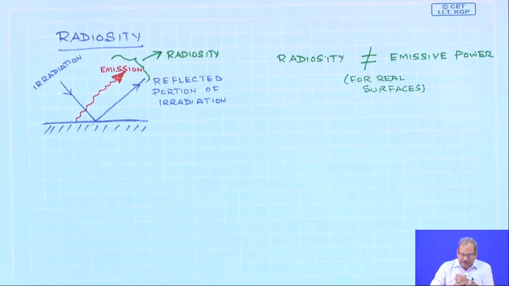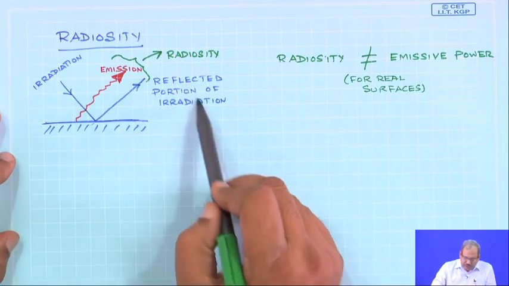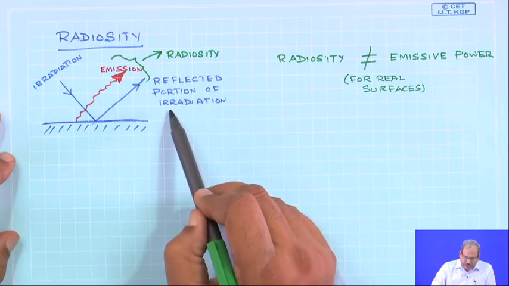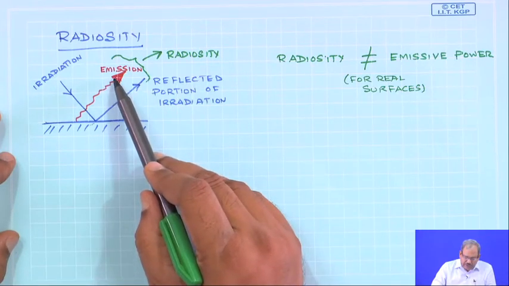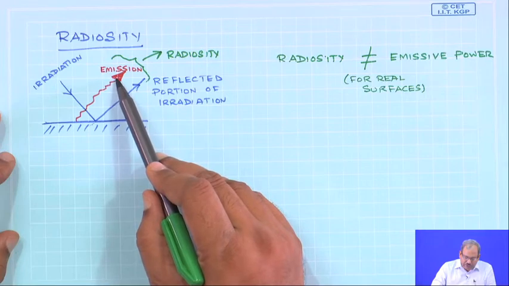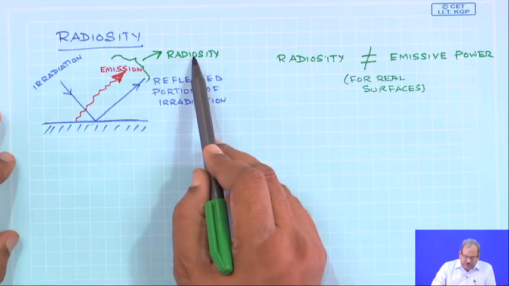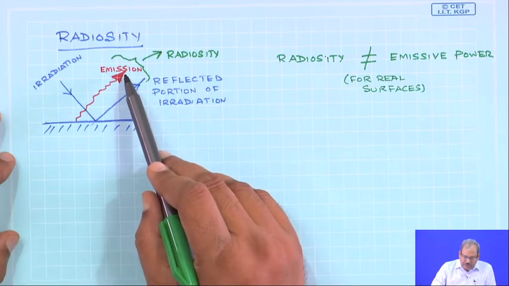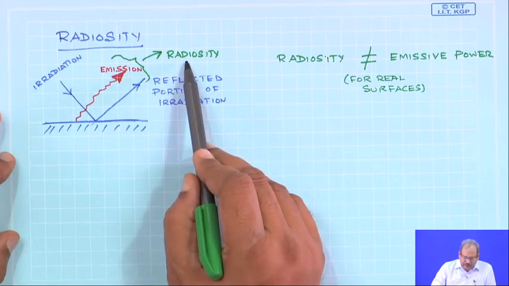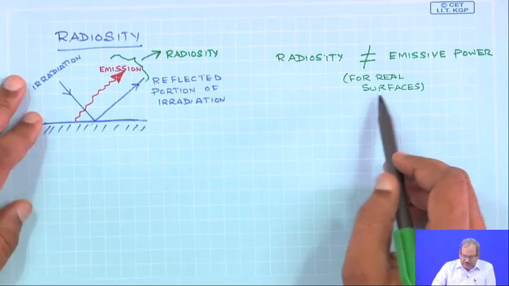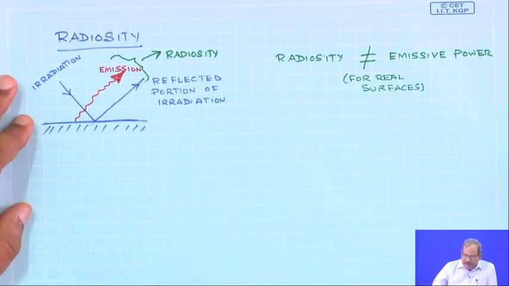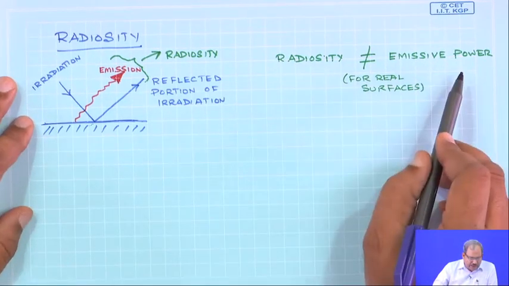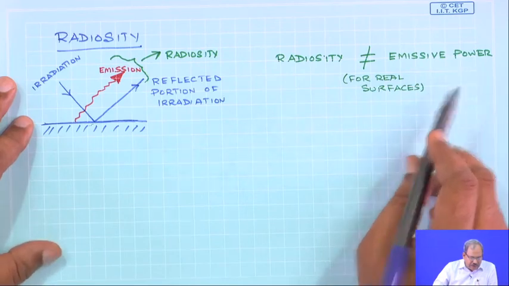For the special case of a black body, there would not be any reflected portion of radiation, and emissivity will solely constitute the radiosity of the surface. So, for a black body, the emissive power and the radiosity are equal, but for real surfaces, the radiosity and emissive powers are different.